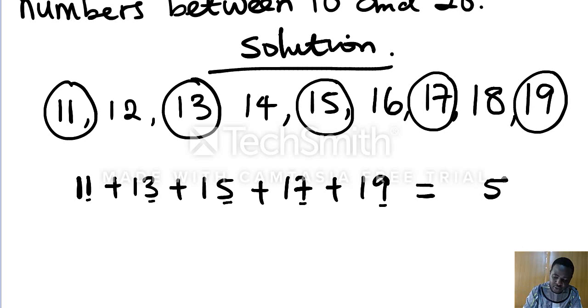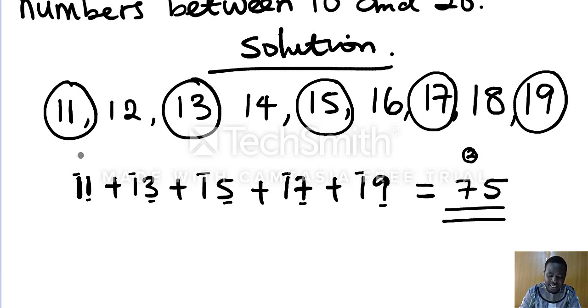I'm going to write down 5 and carry 2. Sum this: 1 plus 1 is 2, plus 1 is 3. This is 4. This is 5. 5 plus this 2 will give me 7. So the sum of all the odd numbers between 10 and 20 is 75. You see, very simple. Okay.